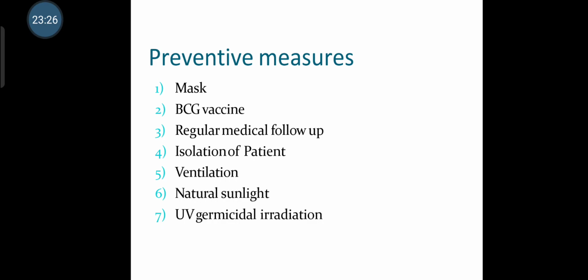The person has to be isolated from others to avoid contamination or spread of infection. Proper ventilation is required so that the person can breathe properly. Natural sunlight and UV germicidal irradiation are required so that the mycobacteria are not spread to other persons.